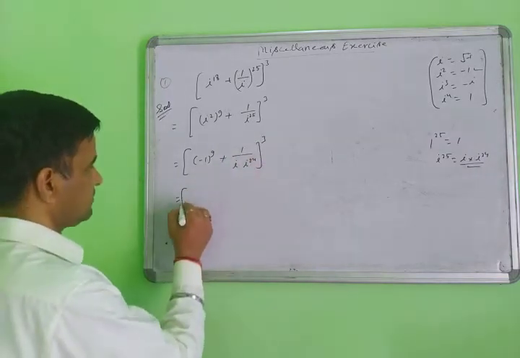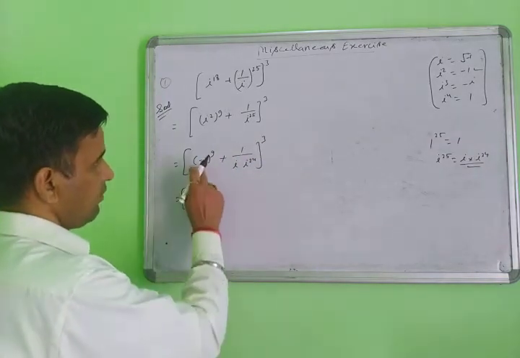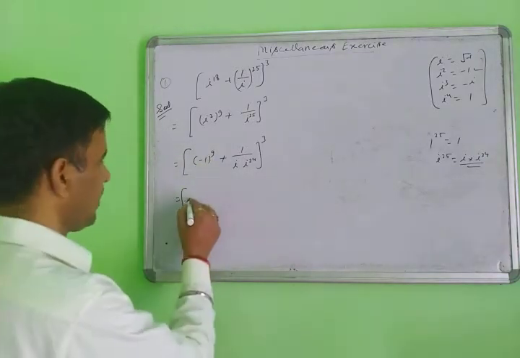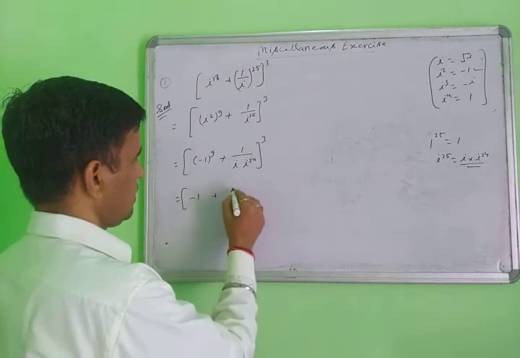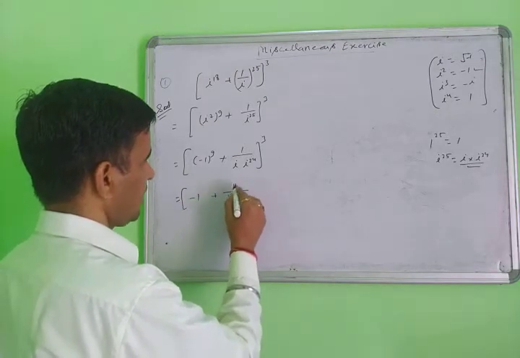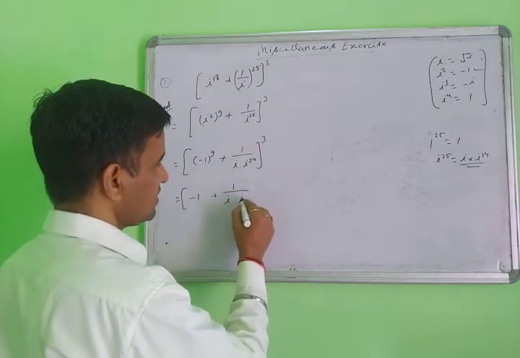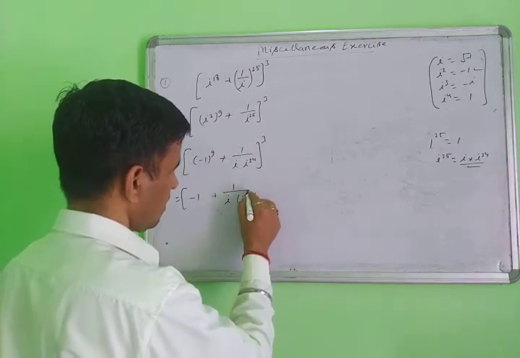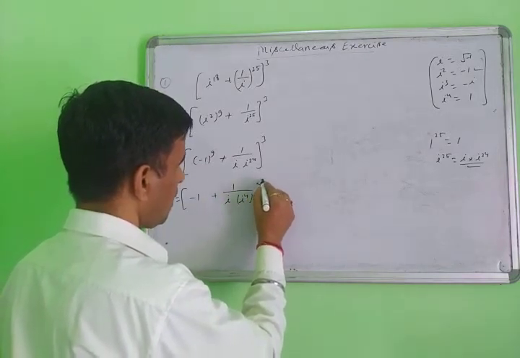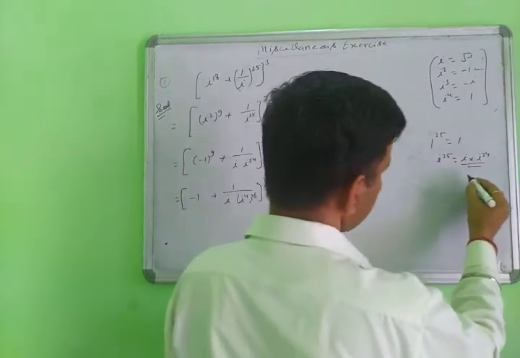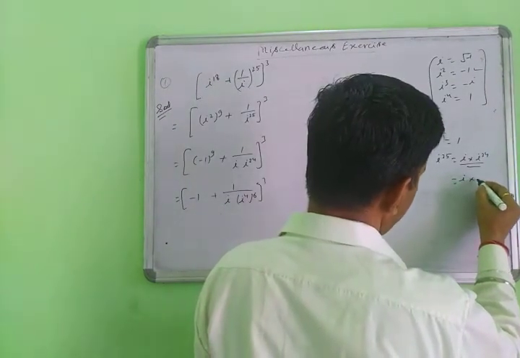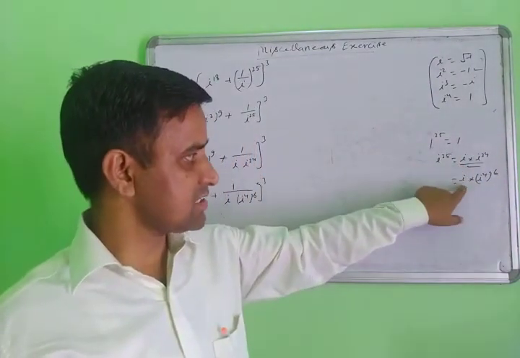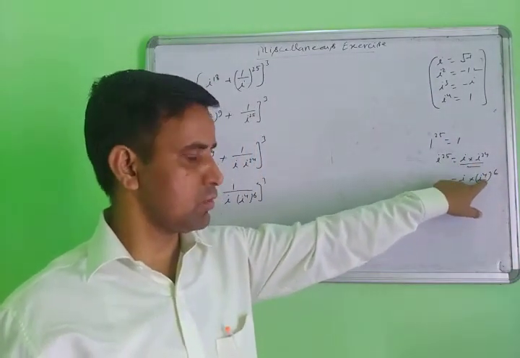Minus 1 having an odd exponent gives minus 1, plus 1 upon iota into iota 24. Iota 24 I break down as iota 4 into 6. The value of iota 4 is plus 1, and the exponent is 6.